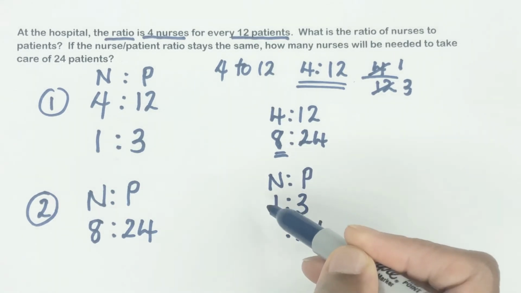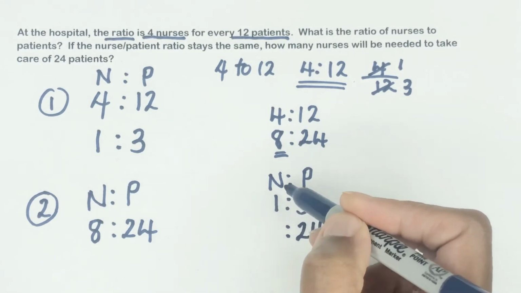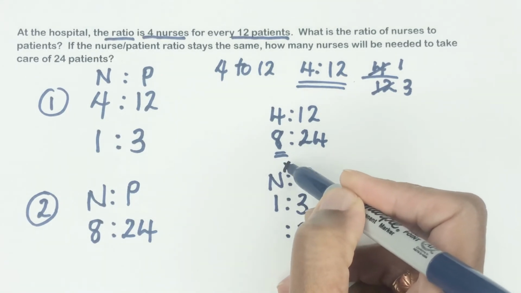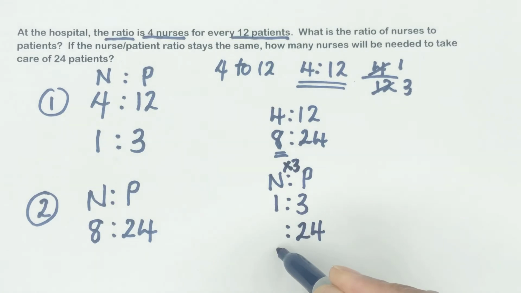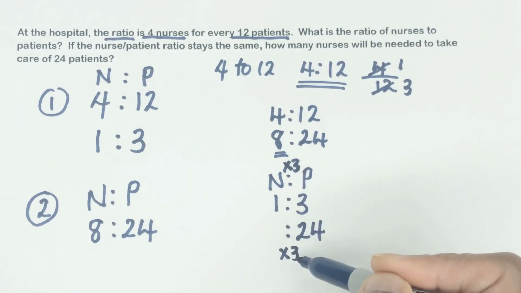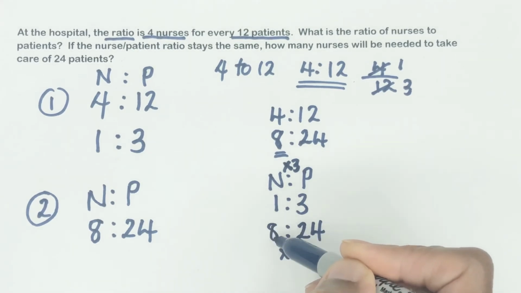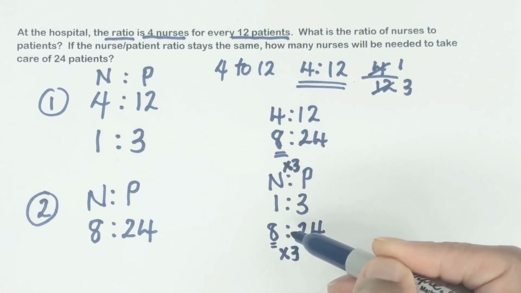So you're keeping the multiplied by 3 pattern. 1 times what is 3? That would be times 3. So 1 times 3 is 3, and you keep the times 3 in proportion at the bottom too. What times 3 is 24? 8. So either strategy, you'd still get the answer of 8.